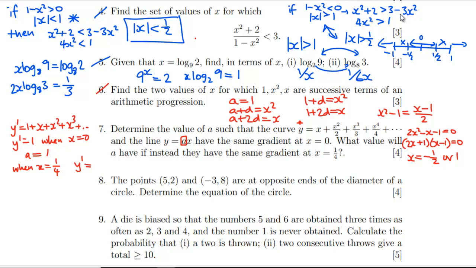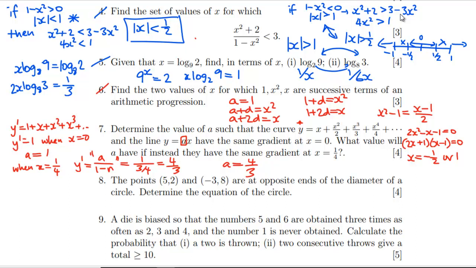So we need a over 1 minus r, which is going to be 1 over 1 minus a quarter, which is 4 over 3. So that's a in inverted commas here. That's a different a. So a is the first term of the geometric series. So yeah, we need a to be that then. So in this second case, we need a to be equal to 4 over 3.